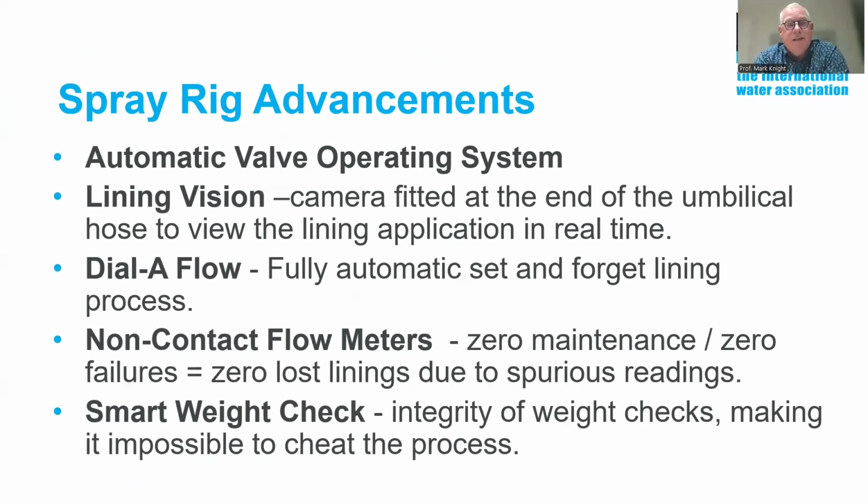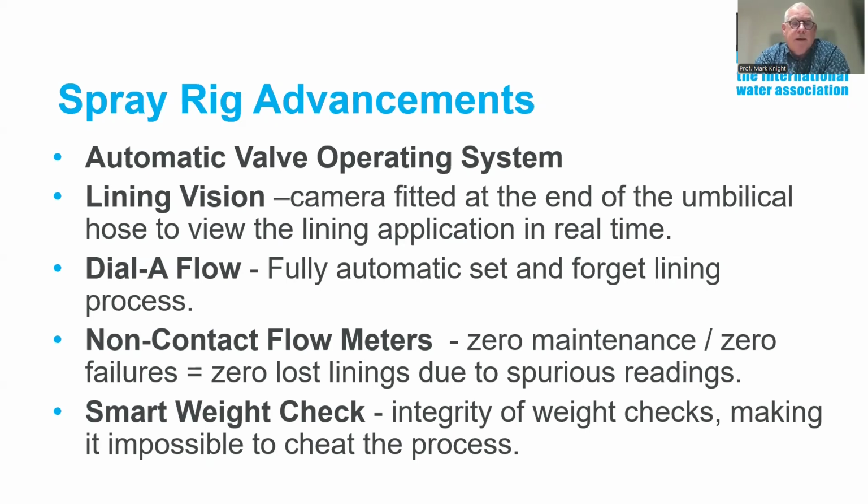A lot of advancements in the rig. We have the ability to automatically open and close part A and part B valves. So if there is an issue, we can shut that material off and stop the lining. We don't need people in the pit in order to be able to start the lining. There's lining vision, which has a camera fitted at the end, so you can watch the lining process go on live.